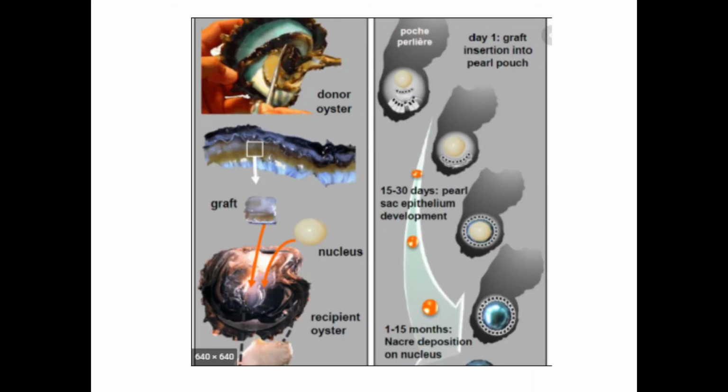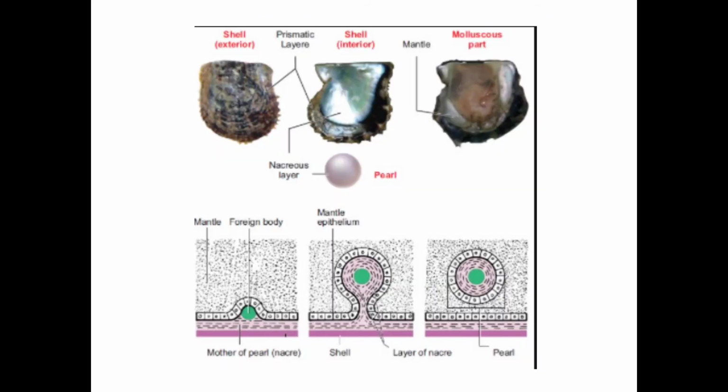Okay, pearl culture. Pearl means a calcareous concretion of a peculiar luster secreted by a group of bivalve mollusks commonly regarded as pearl oysters. That means pearl oysters will produce pearl. When a foreign substance is entrapped in the body, they will secrete some layers against that body.